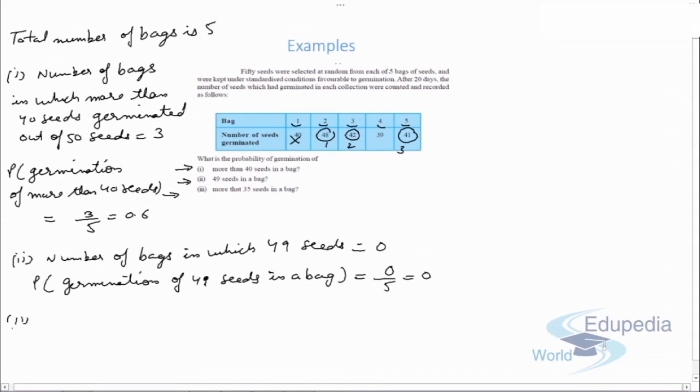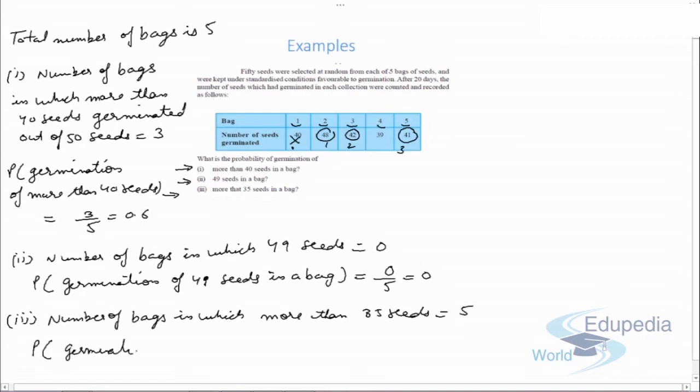The third part says more than 35 seeds in a bag. If you look properly at the data, every bag has more than 35 seeds. So the number of bags in which more than 35 seeds germinated is 5. The probability of germination of more than 35 seeds will be 5 upon 5, which is equal to 1.